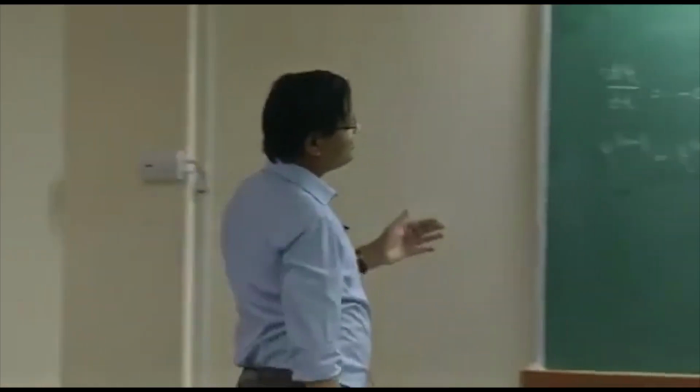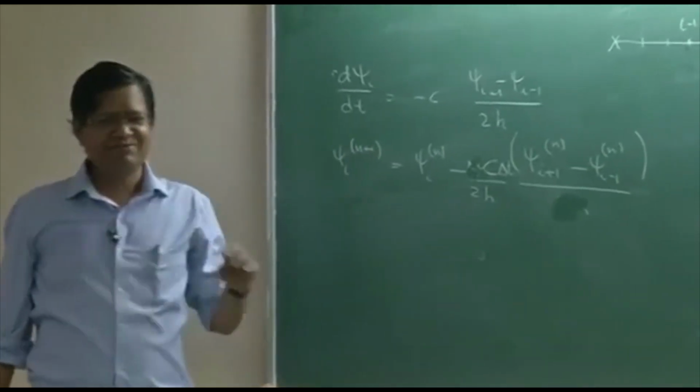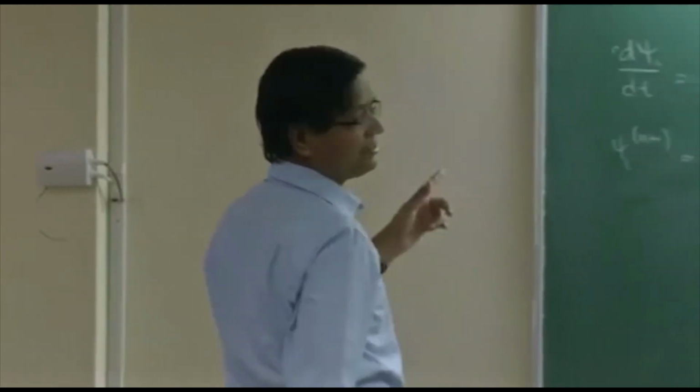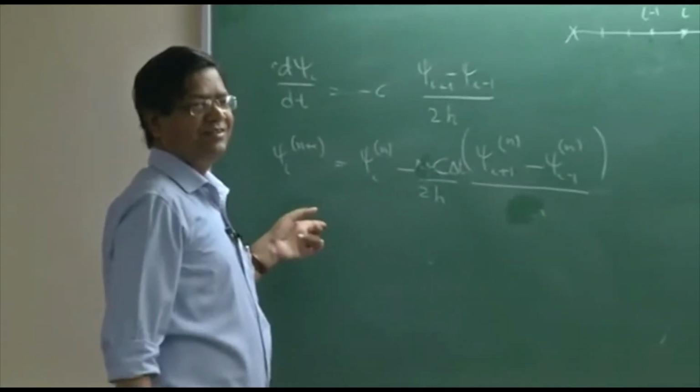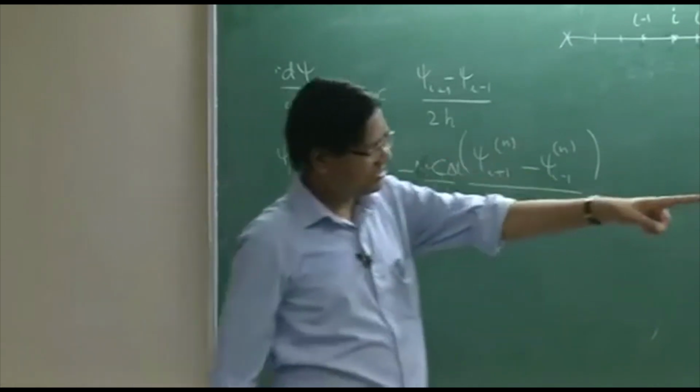Now the question is, is this scheme stable? If you start solving it, you expect a wave, but the wave will not come. It is very easy to check that this system is unstable. How do I check? I use the same idea.